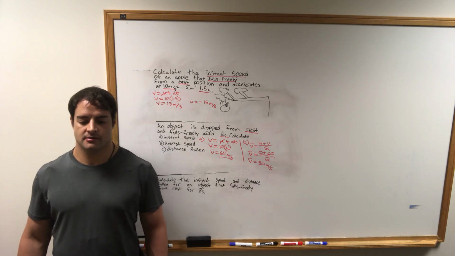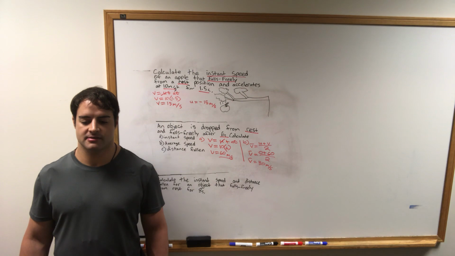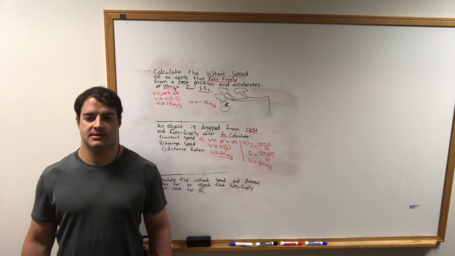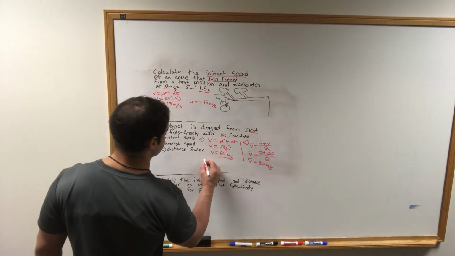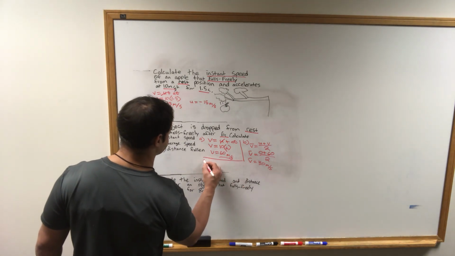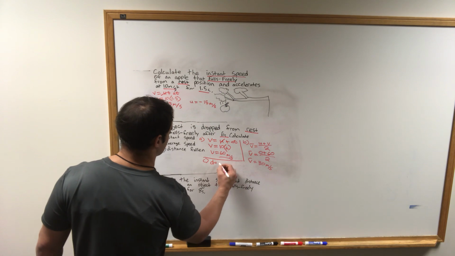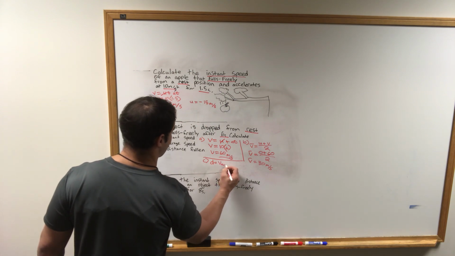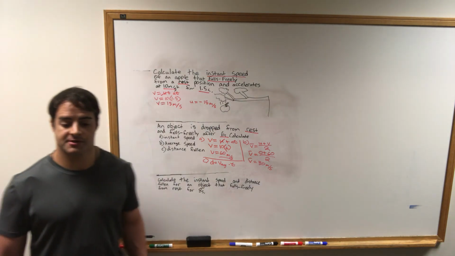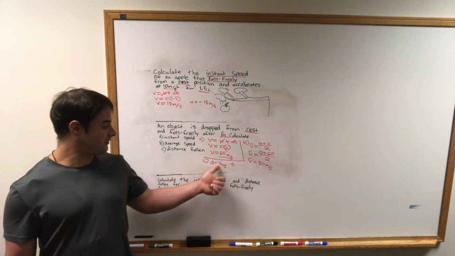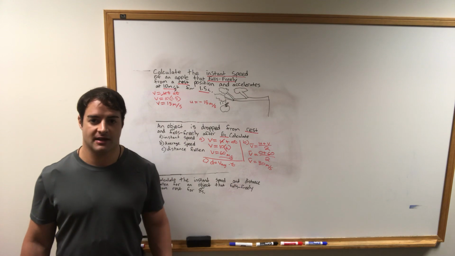Next, the problem wants the distance fallen. So you're going to use the equation distance equals velocity times time. And for velocity, you're going to use the average velocity.